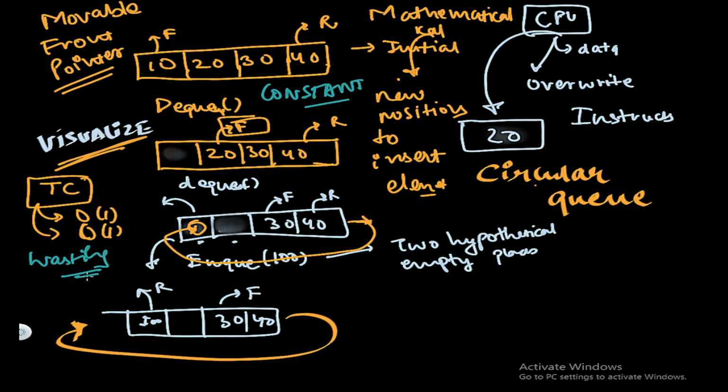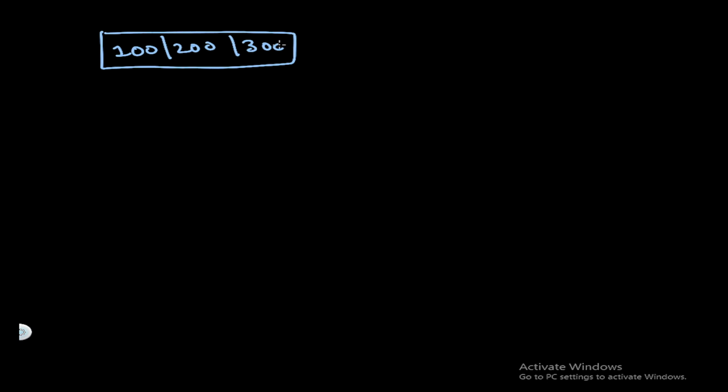Okay, let us try to think of one example, and then we will move to the coding part, like how we can implement it. So let us try to think. We are having this 100, 200, 300. Now my queue is full.